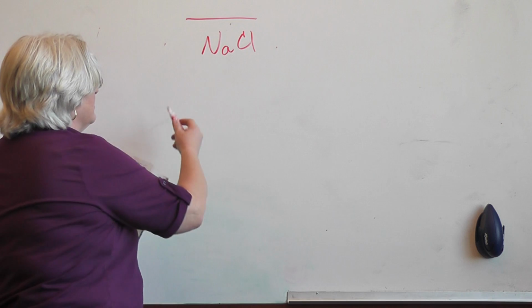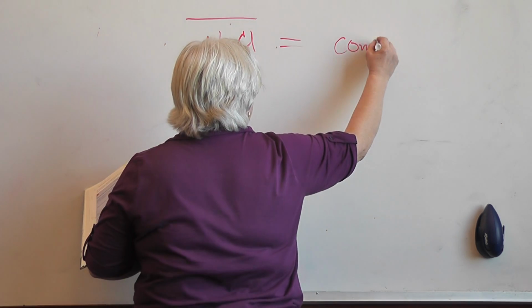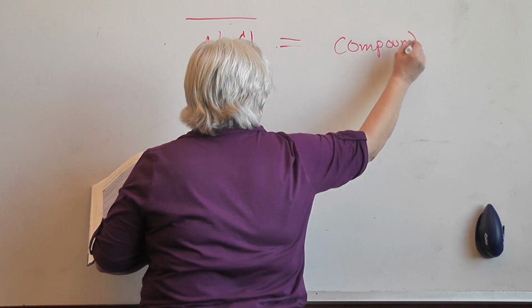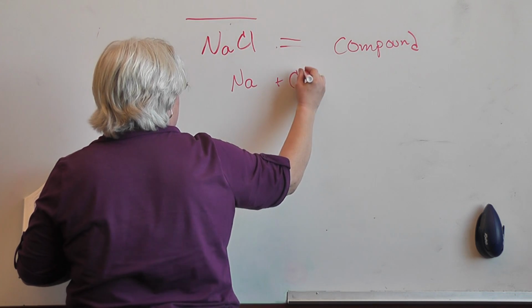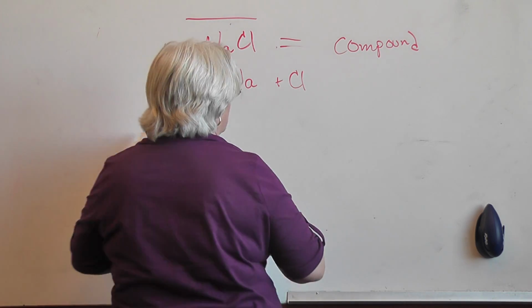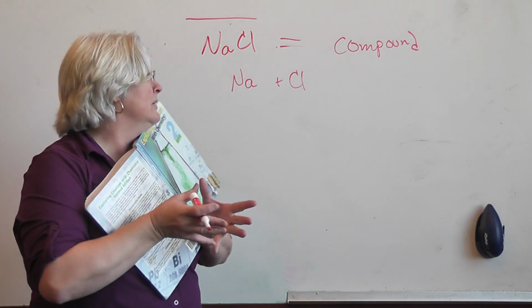Well, sodium chloride is a compound composed of two elements. We have the element sodium plus the element chlorine. They chemically combine together to make sodium chloride.